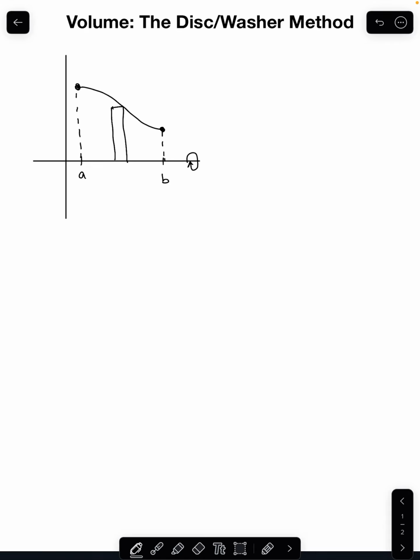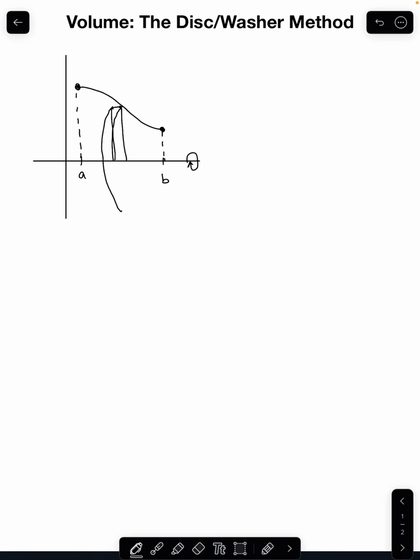So the idea here, then, is that this single rectangle, upon rotation, is actually going to become a disc shape.